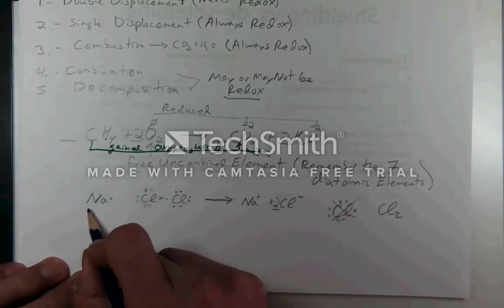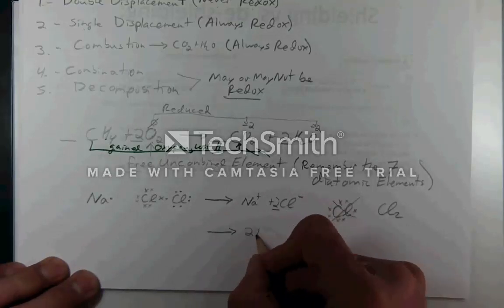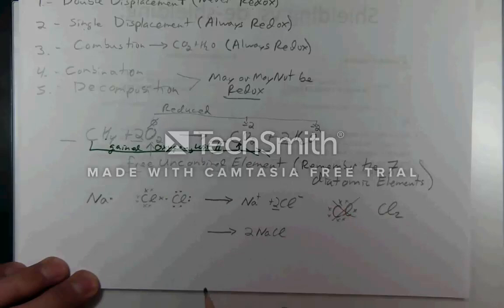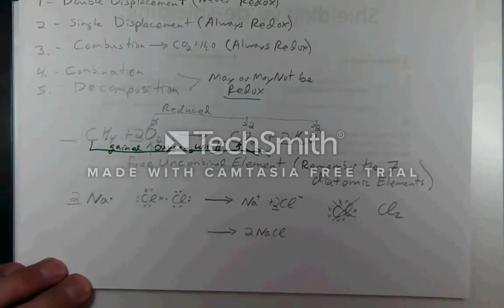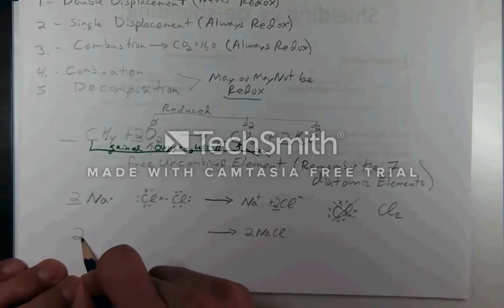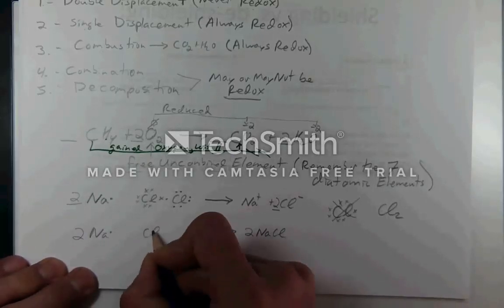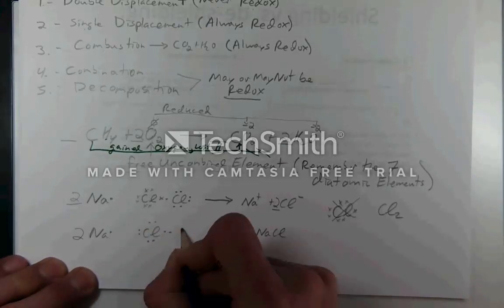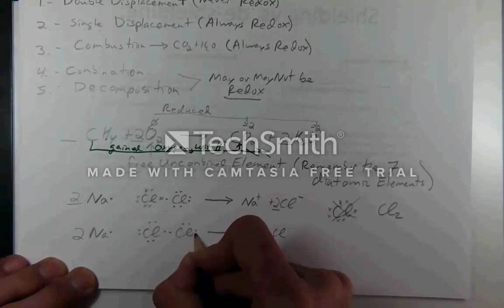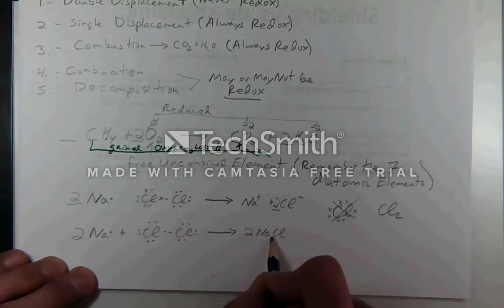And to balance this, we know we're going to get 2 sodium chlorides, so we need a 2 in front here as well. So 2 sodiums plus elemental chlorine, Cl2, gives us 2 sodium chlorides.